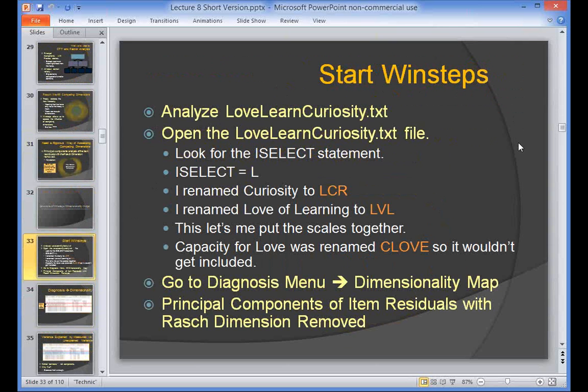Okay? So now I want you guys to go ahead and start WinSteps, and go ahead and analyze the lovelearncuriosity.txt file. So were you guys able to analyze the file?